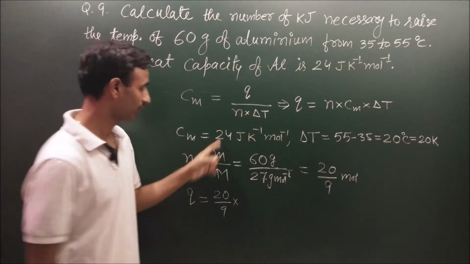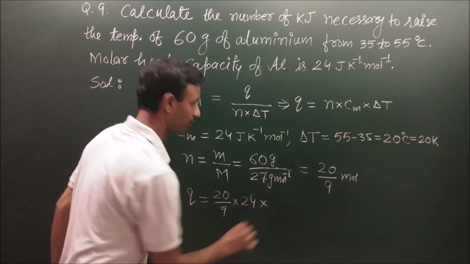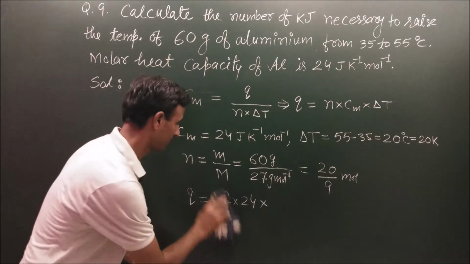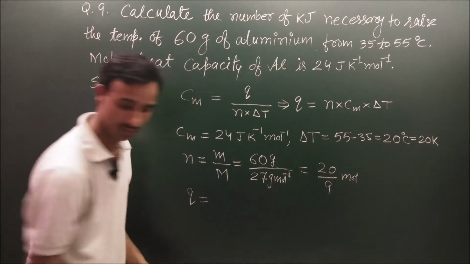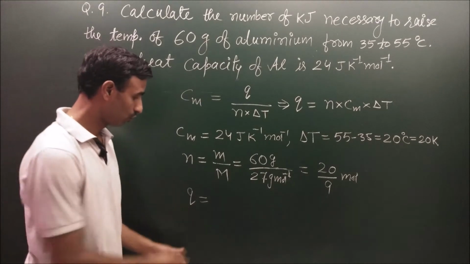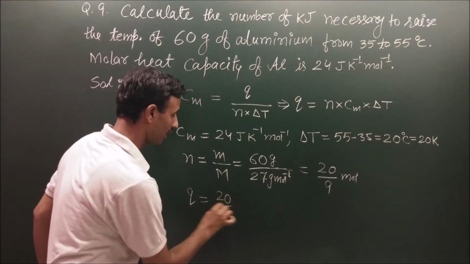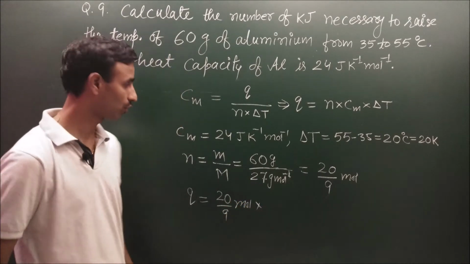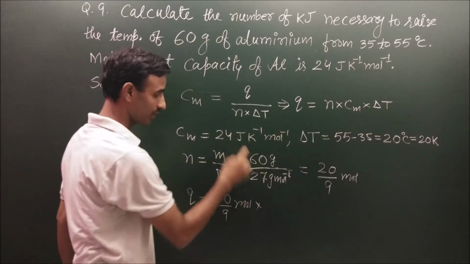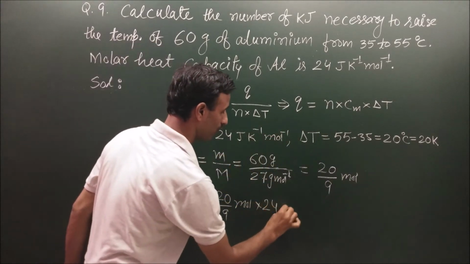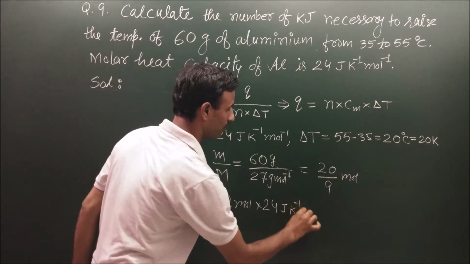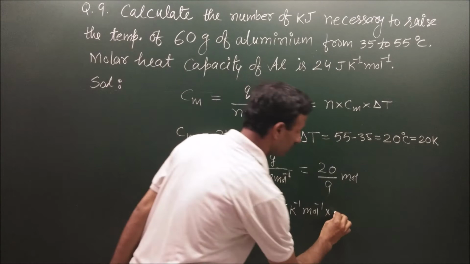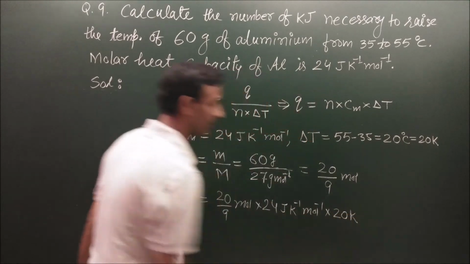Molar heat capacity 24. So to calculate Q, N is 20 divided by 9 mole into molar heat capacity, that is 24 joule per Kelvin per mole, and delta T is 20 Kelvin.